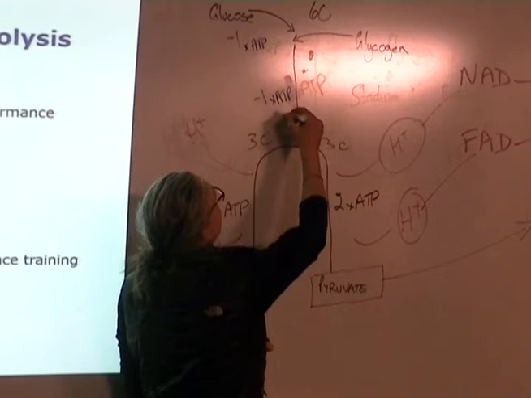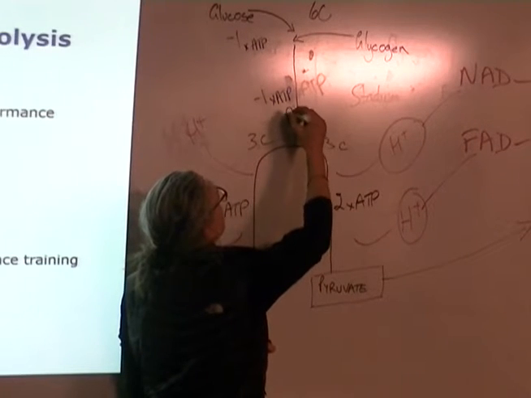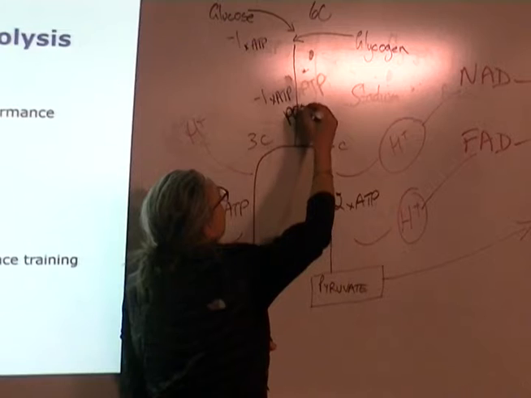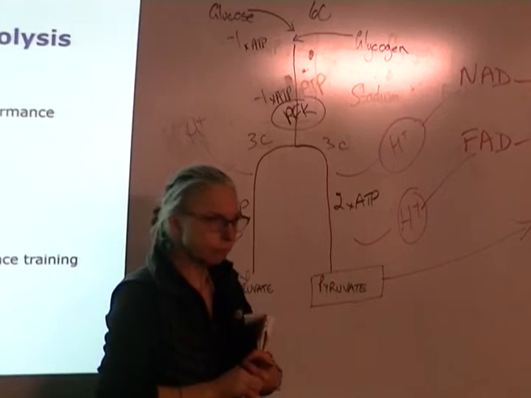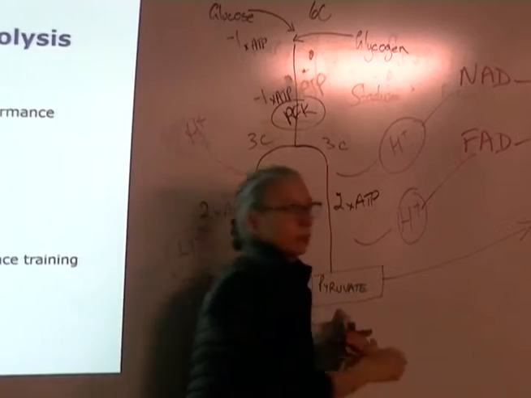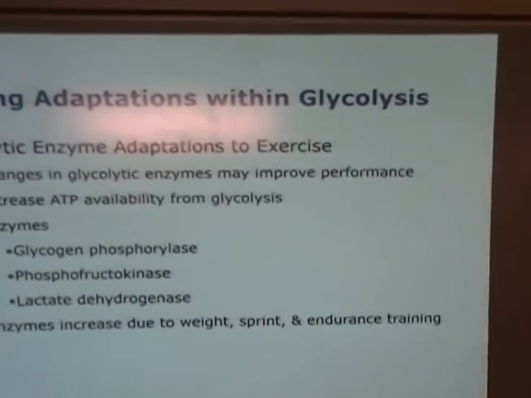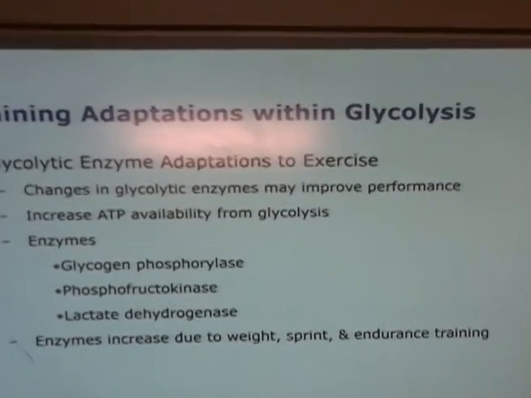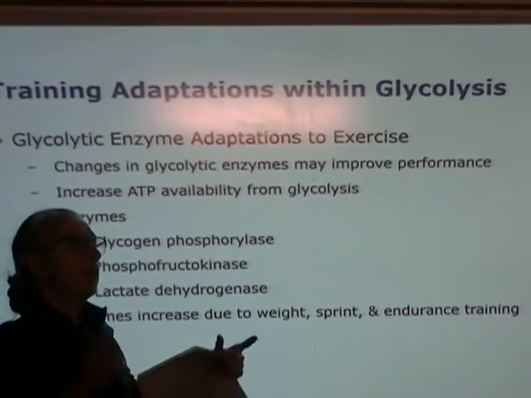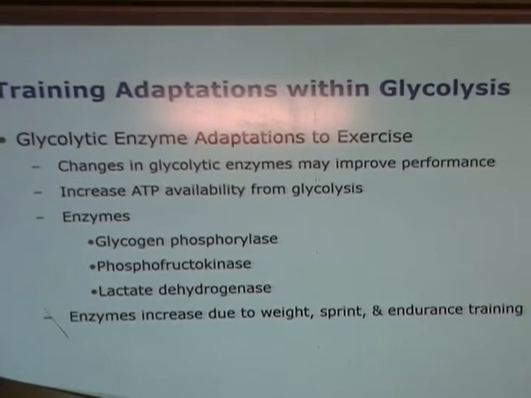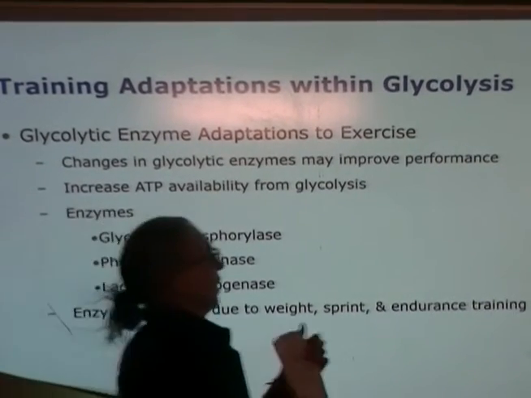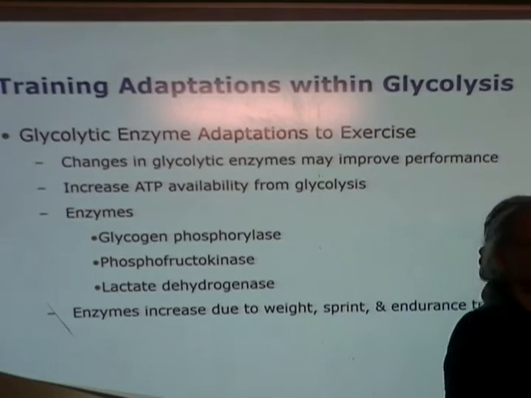So PFK occurs somewhere around there. And PFK is called a rate-limiting enzyme. That means that without PFK, the system can't work properly. So it's the key enzyme in the chain.